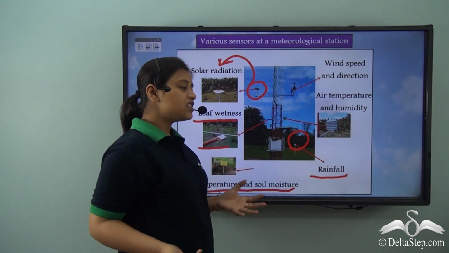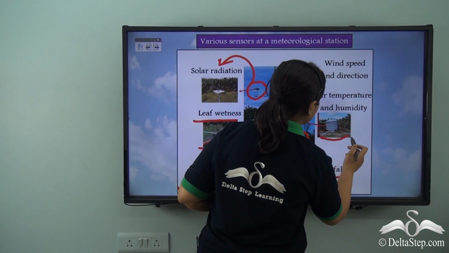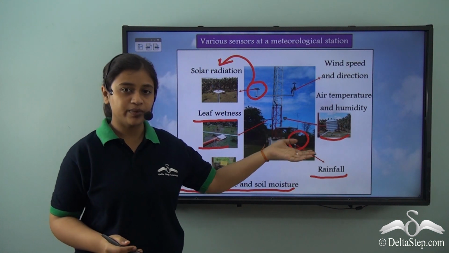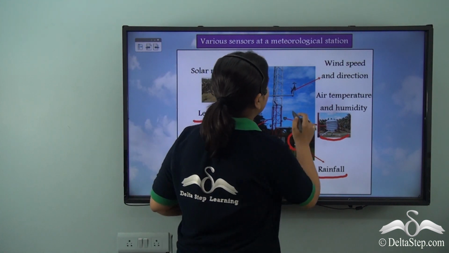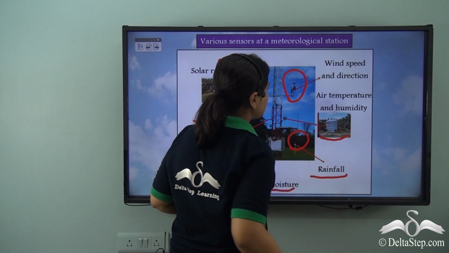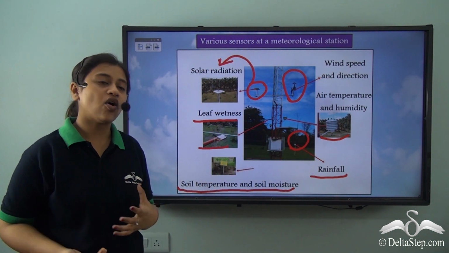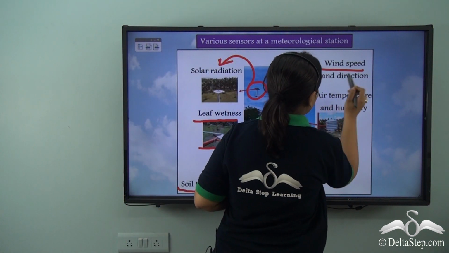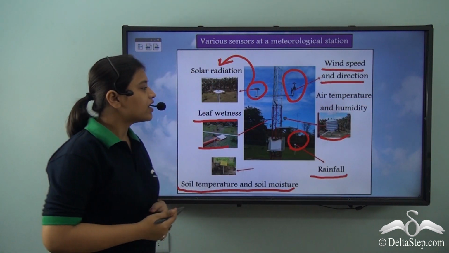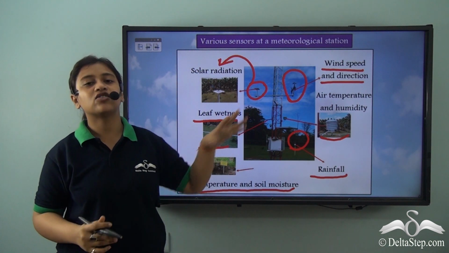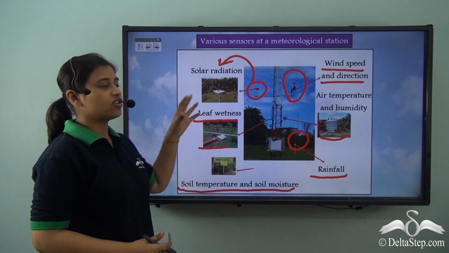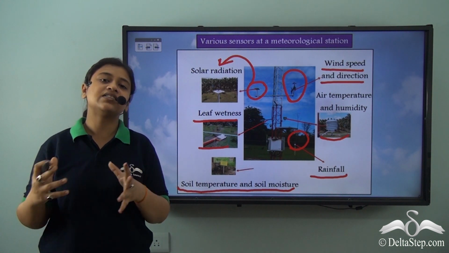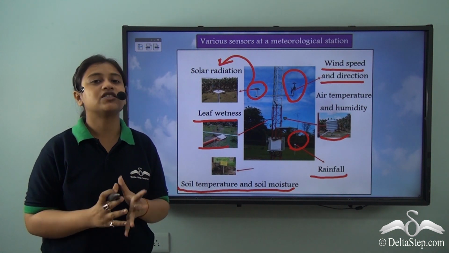Then we have another special instrument here that determines the air temperature and humidity. And finally, we have an instrument here that helps us understand the wind speed and the direction of the wind. So you see, there are so many sensors in the meteorological station that help us understand the weather of a particular area at a particular time.